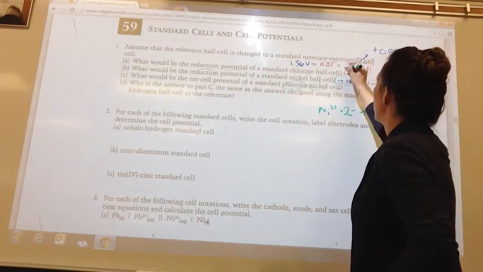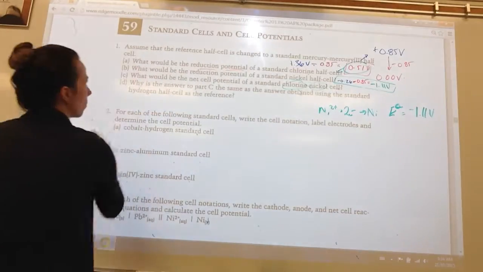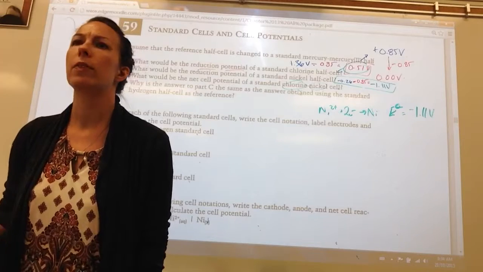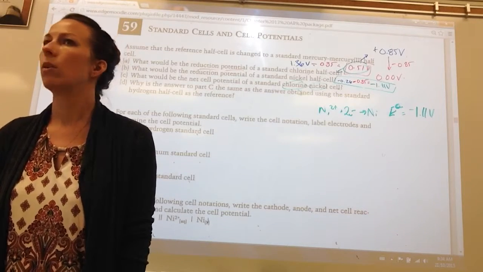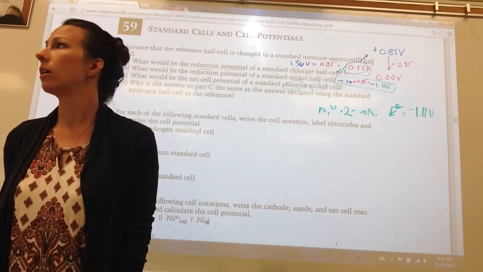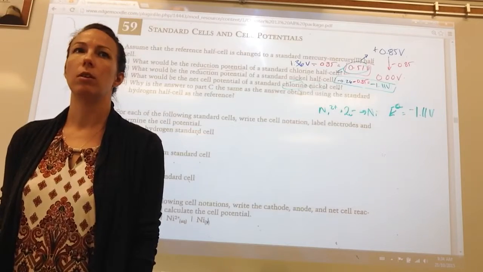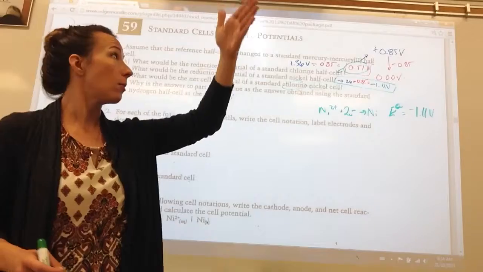So let's take our answer to A and our answer to B and let's subtract them. Which one's going to be the cathode, without even thinking about it? The chlorine. Why? It's positive, because it's higher up on the table. Remember I said top minus bottom? So what number's higher up on the table?